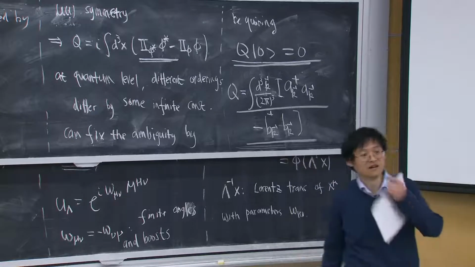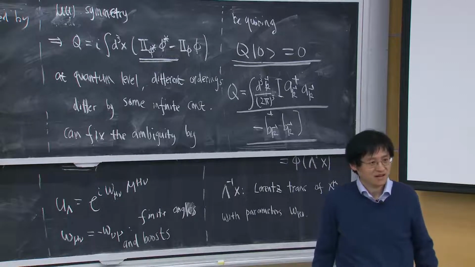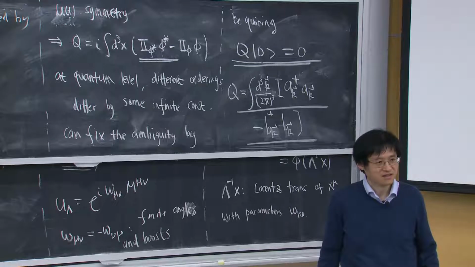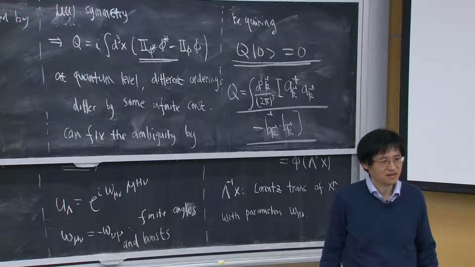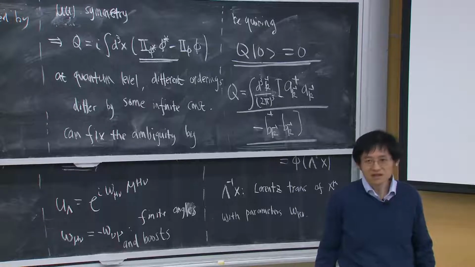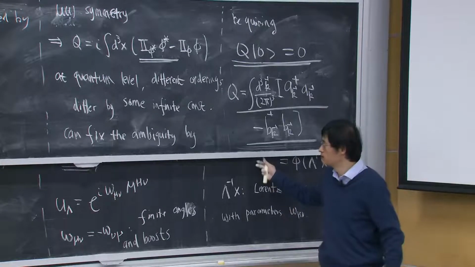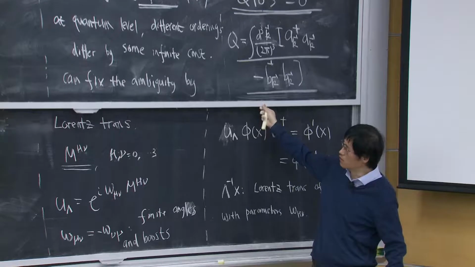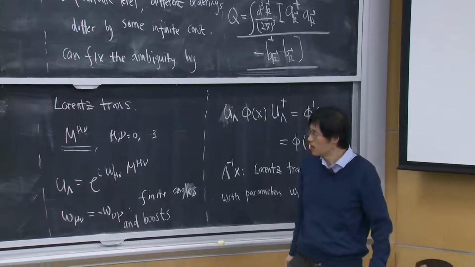So does the ordering ambiguity have any physical consequences, besides things that can be subtracted off? Yeah, this is a good question, which is hard to say.